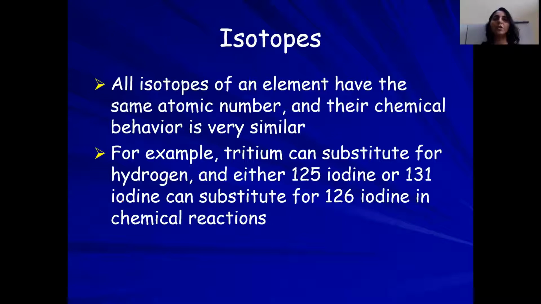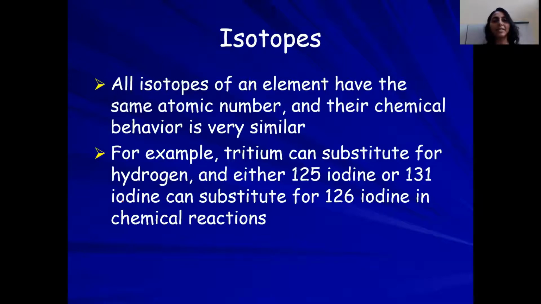So first of all, when does radioactivity take place? Radioactivity takes place when there are isotopes present or where there is an unbalanced nucleus. So what are isotopes? All isotopes of an element have the same atomic number and their chemical behavior is very similar. What differs is their atomic mass number.